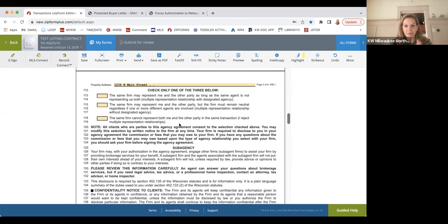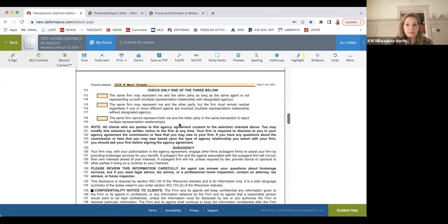So if we're explaining it well, all parties should consent to designated agency. The third option is a complete rejection of designated or of multiple representation.